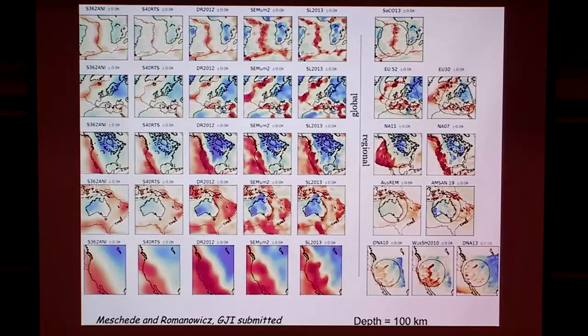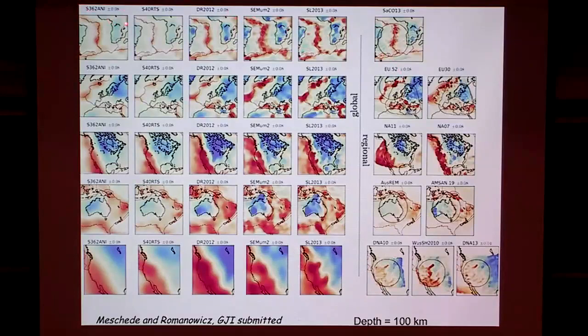So this is a comparison that Matthias Mechede, who's a graduate student at IPG in Paris, has made recently of recent models to see how well they agree. What you have here are five of the most recent global shear wave tomographic models, compared with some regional models in some regions.